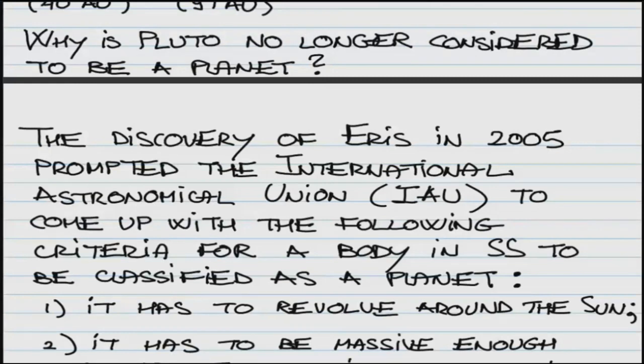And then they decided they have to set up some kind of criteria that a body revolving around the sun should satisfy in order to be classified as a planet.